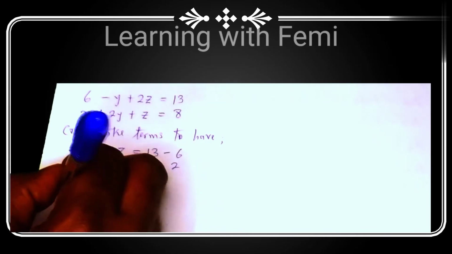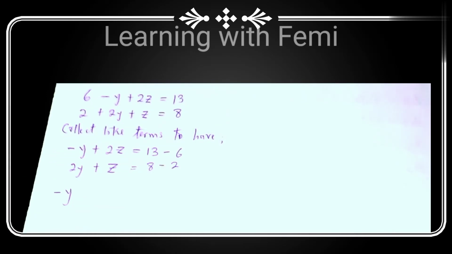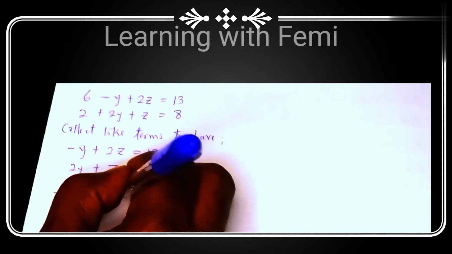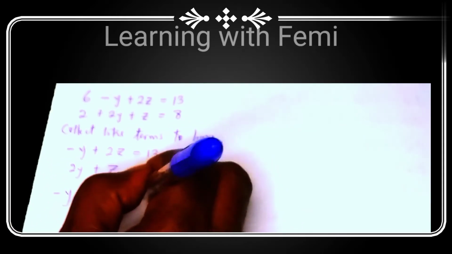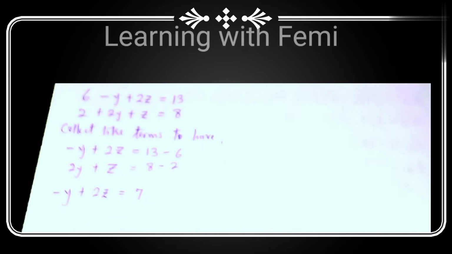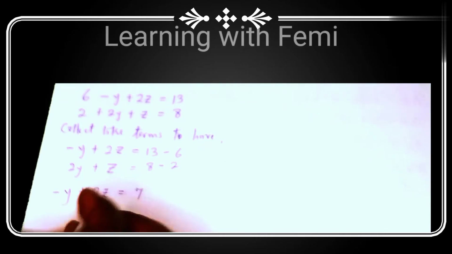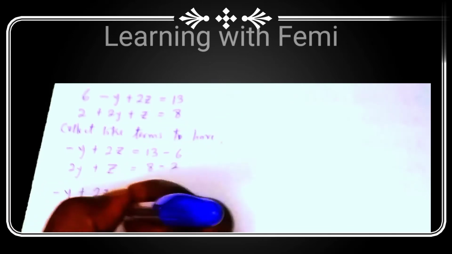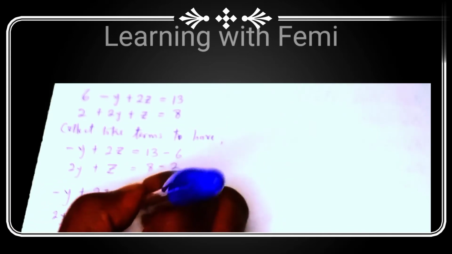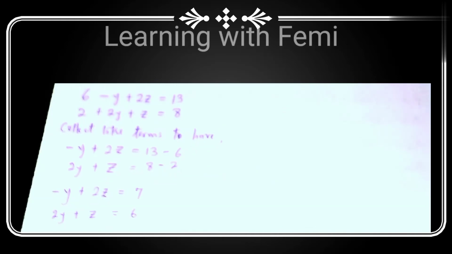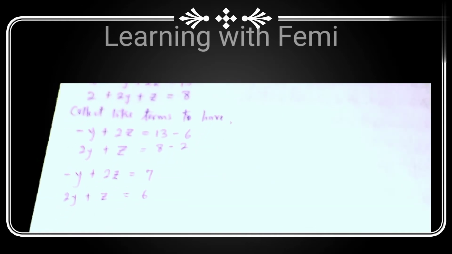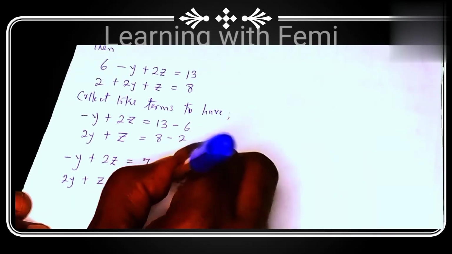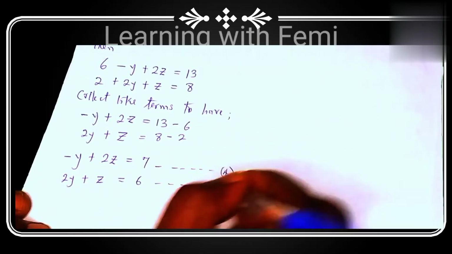Now we have minus y plus 2z equals 7 and 2y plus z equals 6. Tag this equation equation 4 and tag this one equation 5.